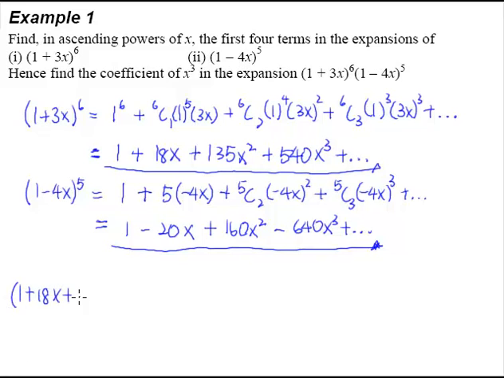Hence simply means you have to use the above result. You have to use the answers that we have gotten earlier on. So in this case, it simply means that the answer that we got earlier on is our expansion itself. Right, so let us just copy it down very, very quickly.